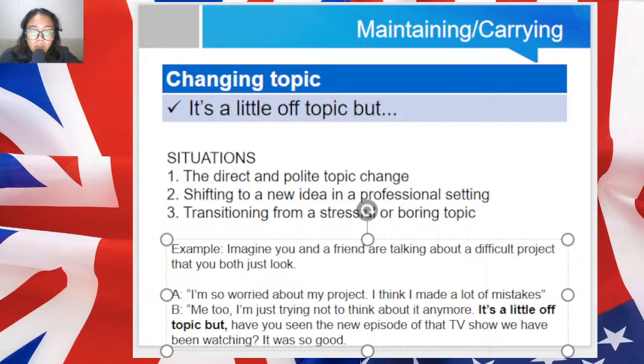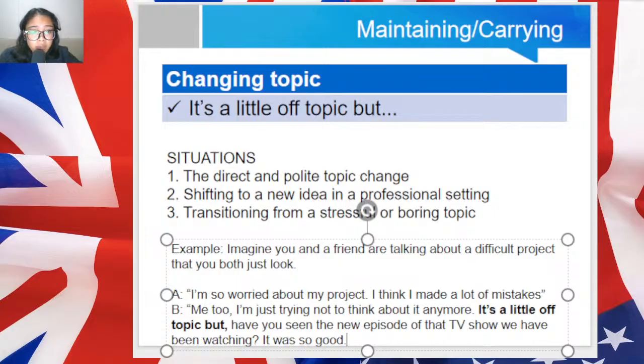Now, so far, we've tackled five different phrases. We have this one, it's a little off topic, but. This is a direct and polite way to signal a change in topic, especially when the new topic is completely unrelated. It shows self-awareness and respect for the flow of the conversation.